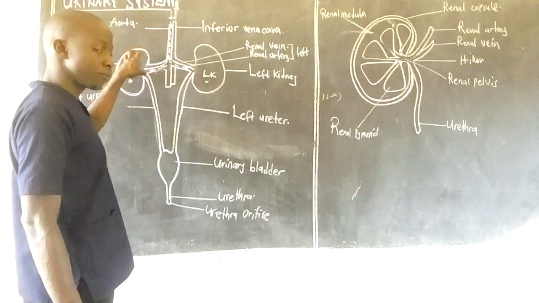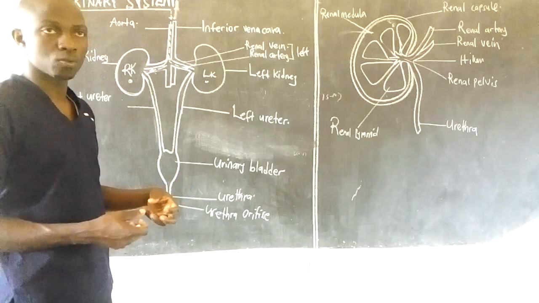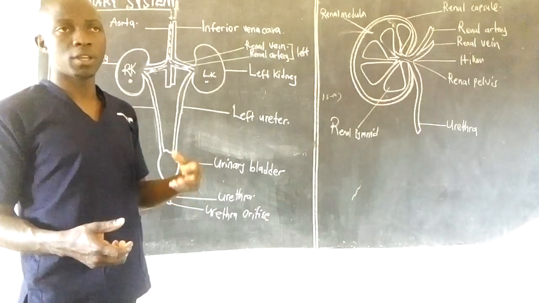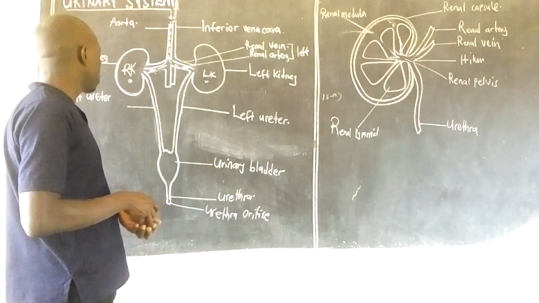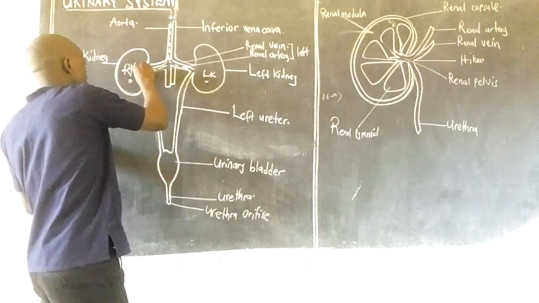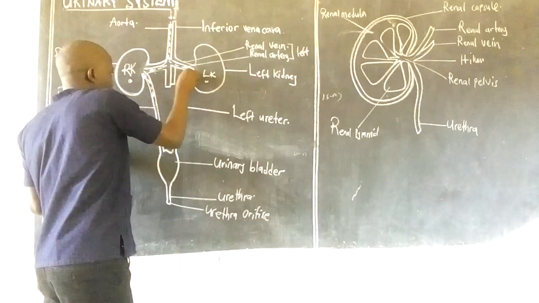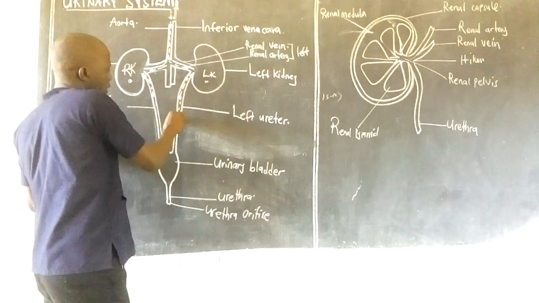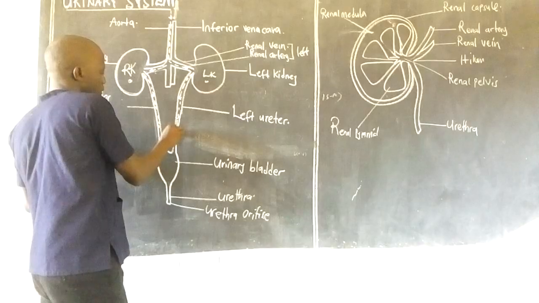the excess or unwanted fluids have to be excreted out, and they are excreted out through the ureter. So those unwanted fluids excreted through the ureter pass out as urine.